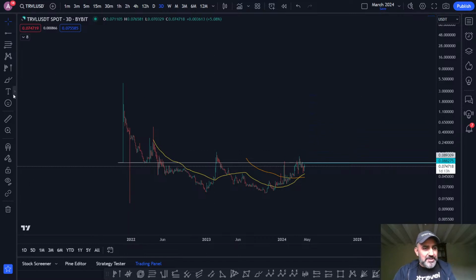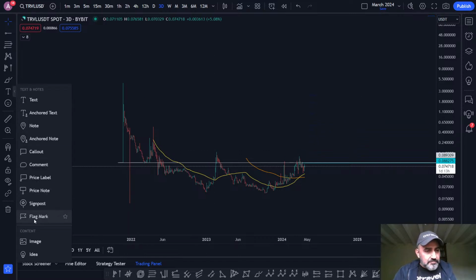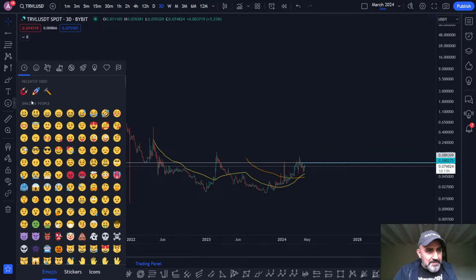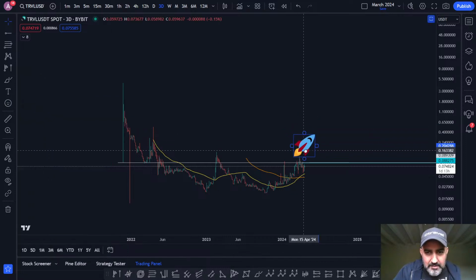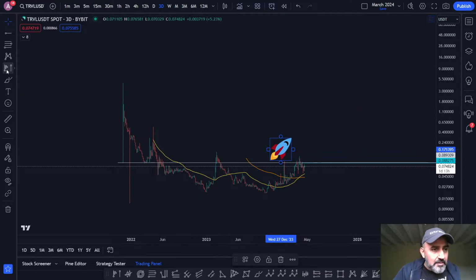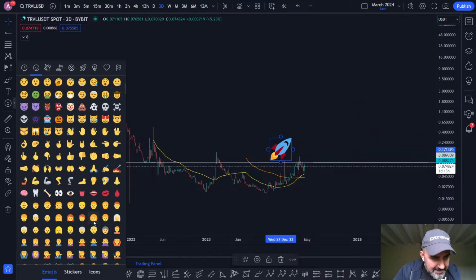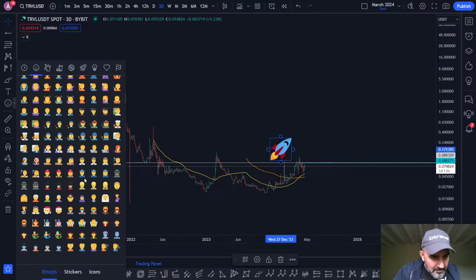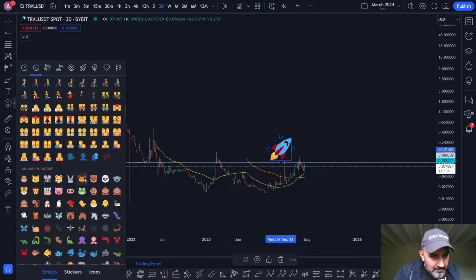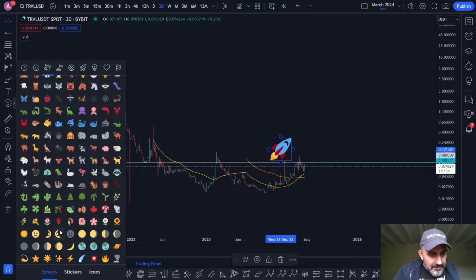I should put an emoji. There's my emojis. I need to find the moon symbol. Put it right up there. I've got the rocket. And now I need to find the moon. And we have to TRVL to the moon. There it is.